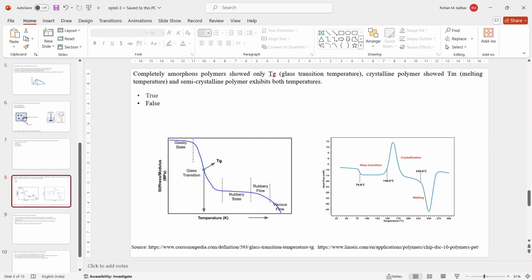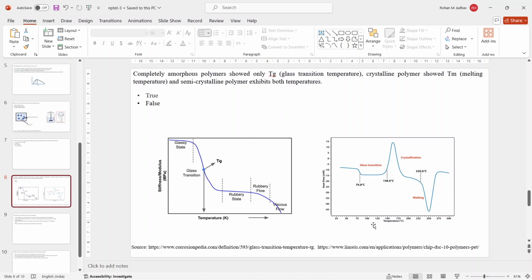And as you keep increasing the temperature, a point will come where all molecules will suddenly have enough energy to move around. That is exactly the point where the melting happens. And since they are crystalline polymers, crystallization heat won't be achieved, which you can see right here on the right hand side graph.